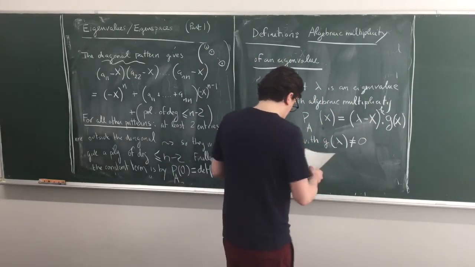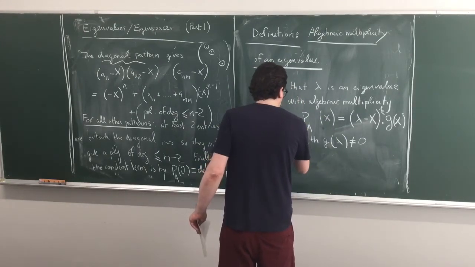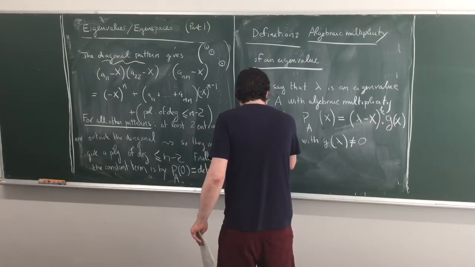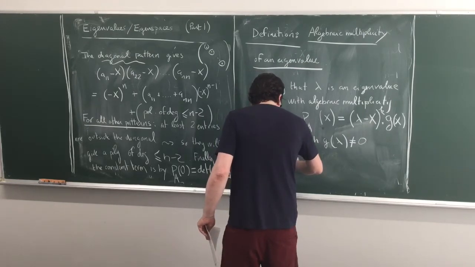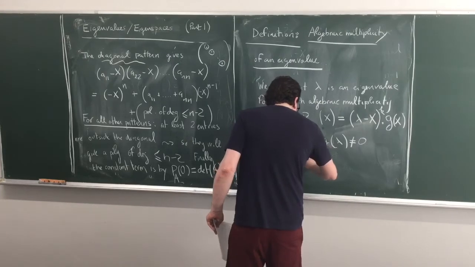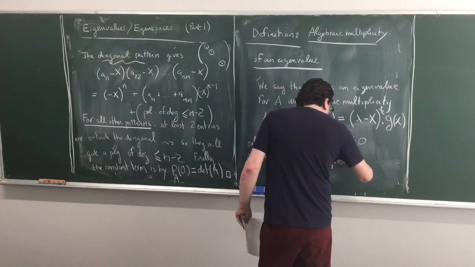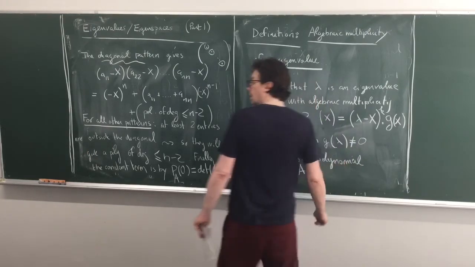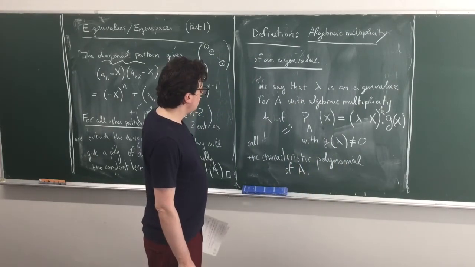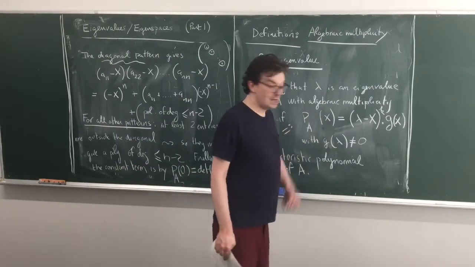I didn't define this before, but we call it the characteristic polynomial of A. So basically the characteristic polynomial of A allows you to calculate the eigenvalues.